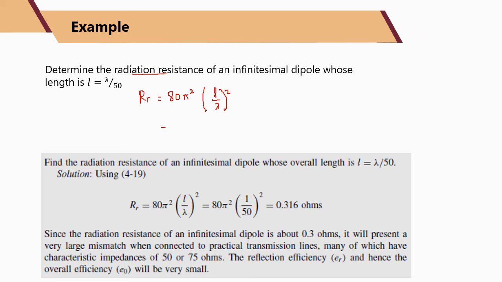In this case, L is given as lambda over 50. So 80 pi squared multiplied by lambda over 50, divided by lambda squared, is equal to 80 pi squared multiplied by 1 over 50 squared. It is equal to 0.316 ohm.